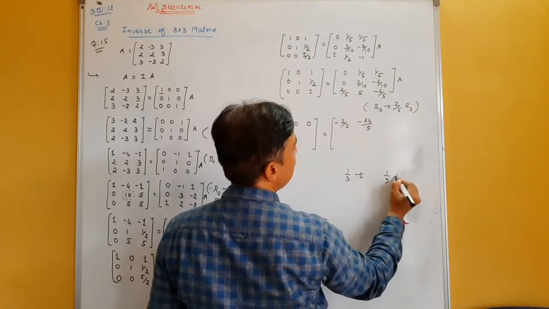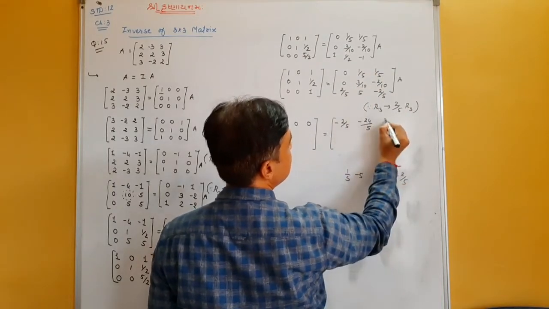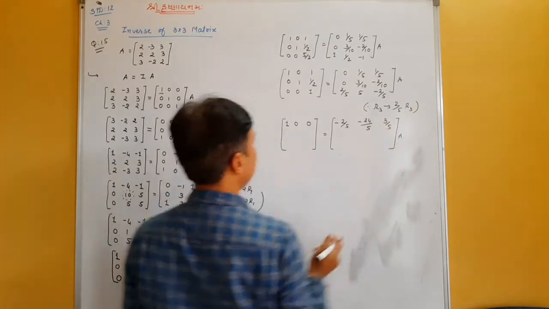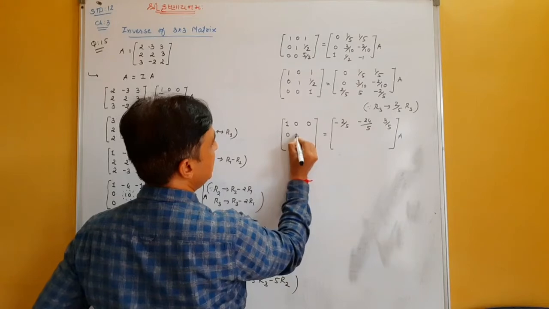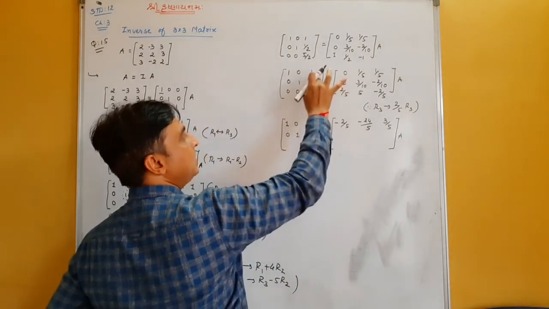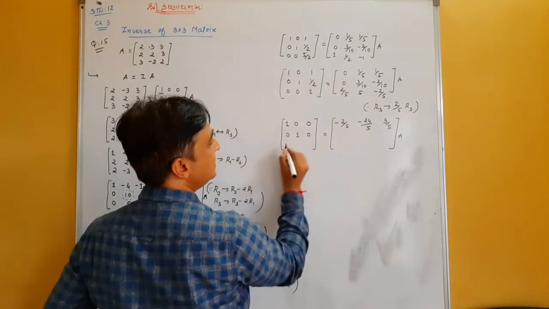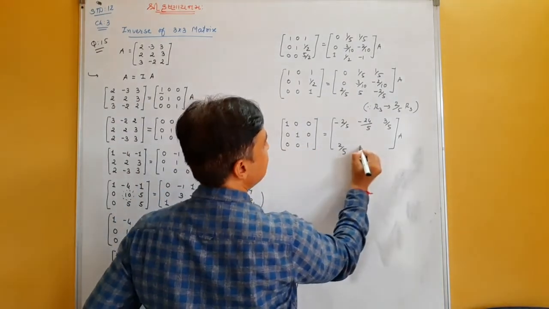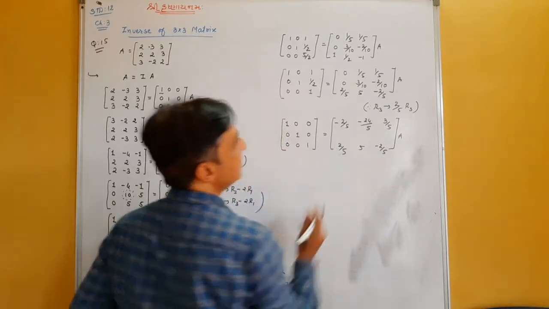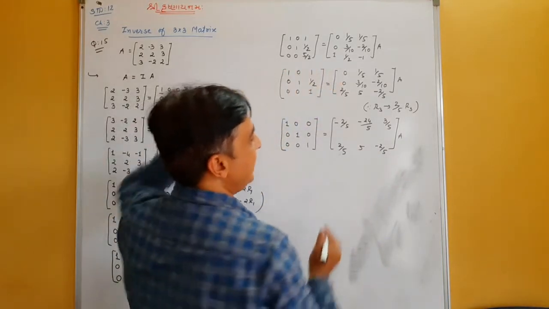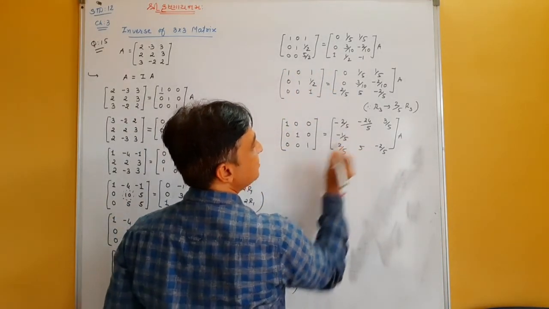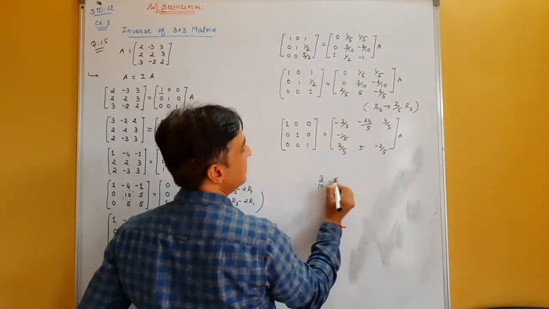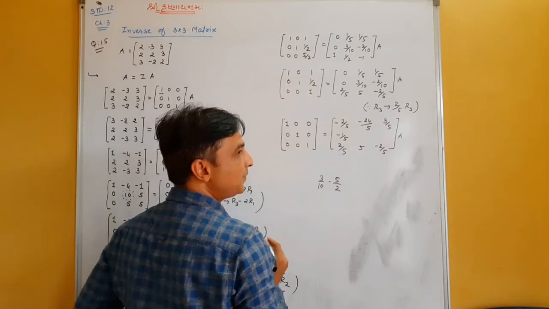Subtract 1 by 5 plus 2 by 5, so this is 3 by 5, into A. Now 0 1. Divide by 2 and subtract here, it is 0, 1. So last row as it is. Divide by 2 and subtract here, so it is minus 1 by 5. Divide by 2 and subtract here, minus 5 by 2.